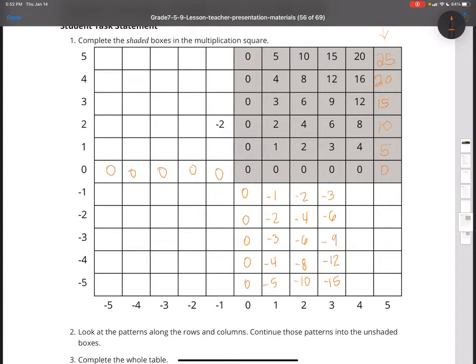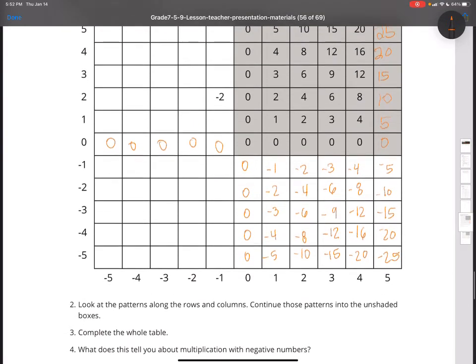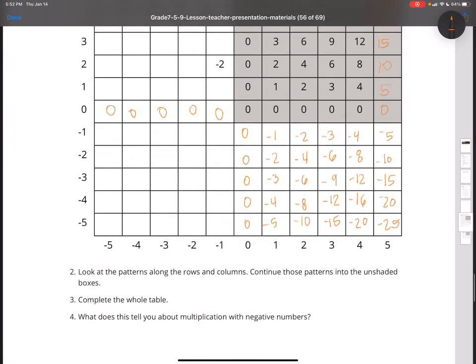And the same applies for this one, which is going to be -4, -8, -12, -16, then -20. And then this one will be a reflection, -5, -10, -15, -20, -25. Okay? All right, so notice in this quadrant that all the numbers are negative.